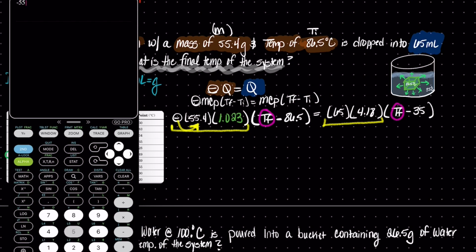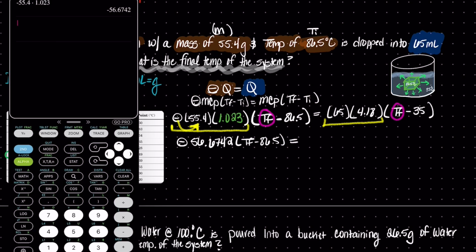So I'm going to get that negative 55.4 times 1.023. Gets me a negative, because I moved that negative in there, at negative 56.6742. Drop down everything else, just like you used to in math class.